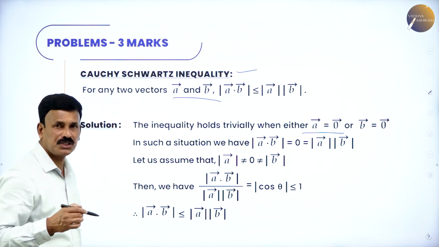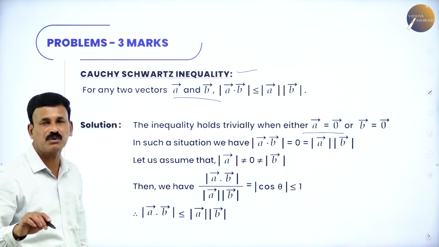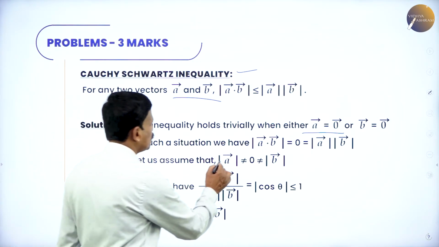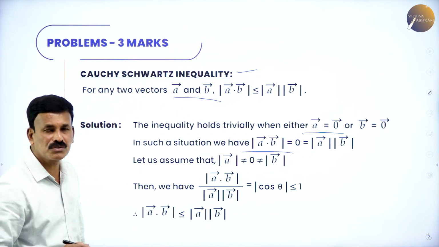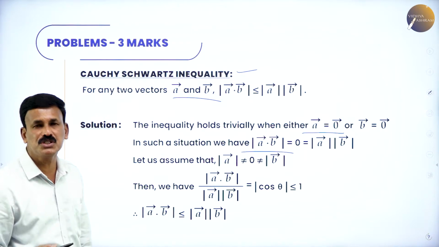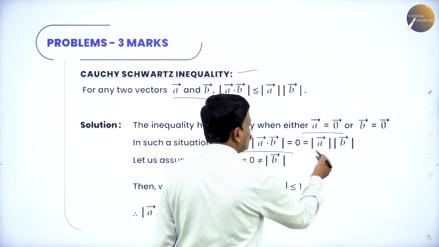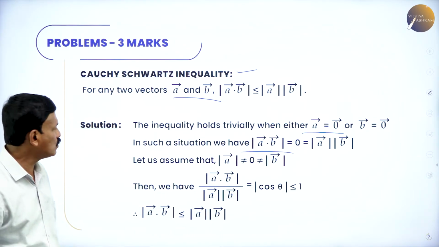In such a situation, the dot product is definitely equal to 0. So we will have the dot product A dot B equal to 0, and the length of A into length of B is also equal to 0.